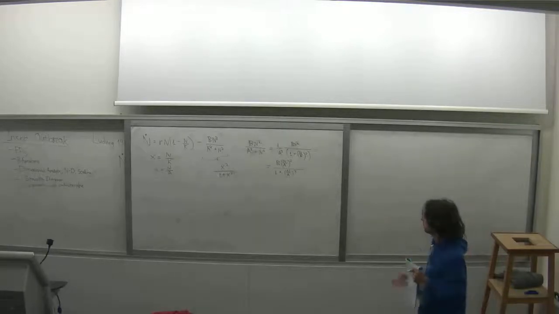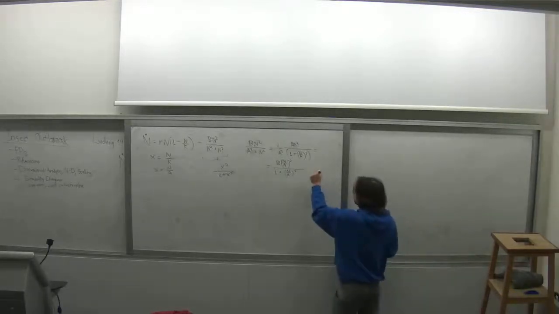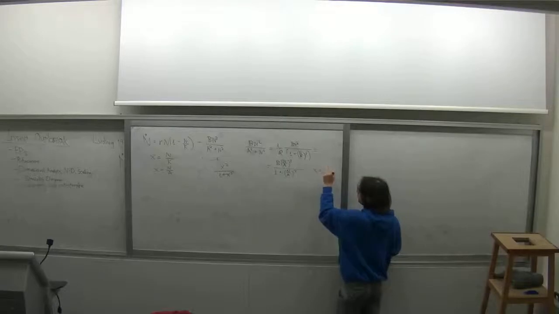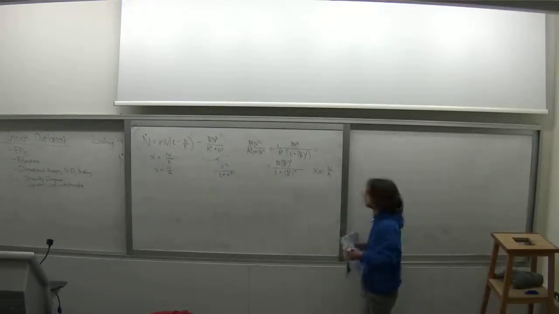This is great, right? So I already know that my chosen candidate for a non-dimensional population will be n over a.